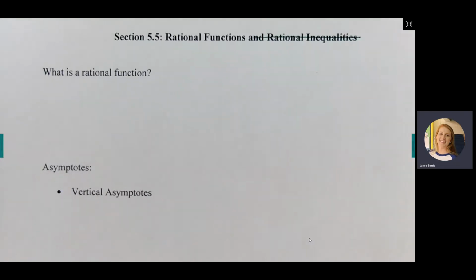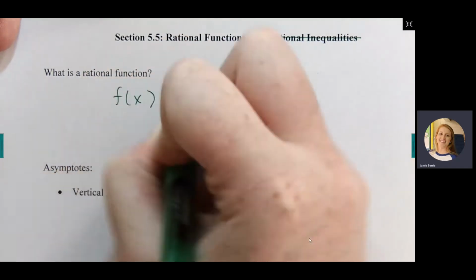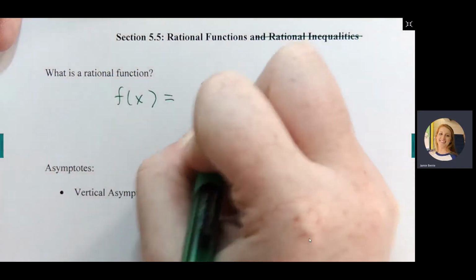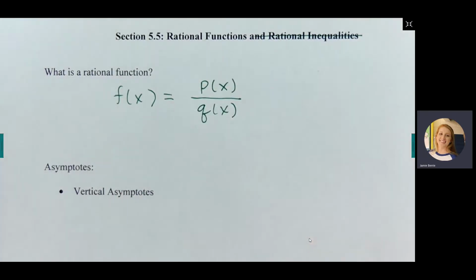Okay, so section 5.5, our last section of this chapter, talks about rational functions. So a rational function has the form f of x equals, it's just a ratio of two polynomials, or a quotient or a fraction of two polynomials.